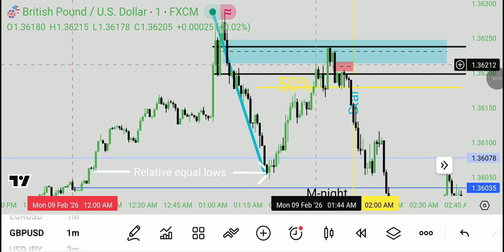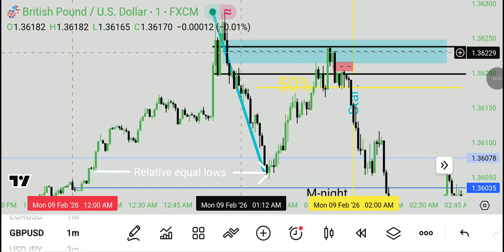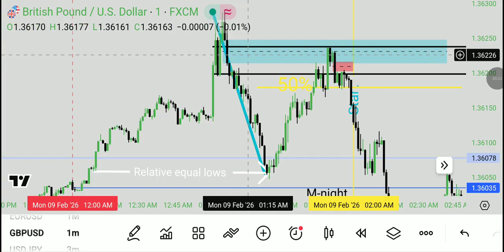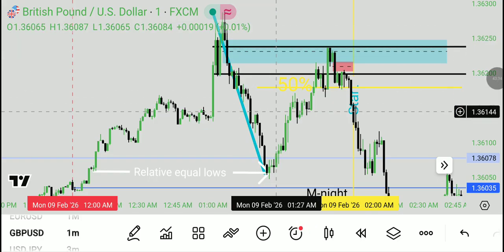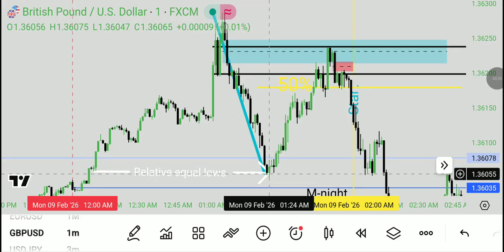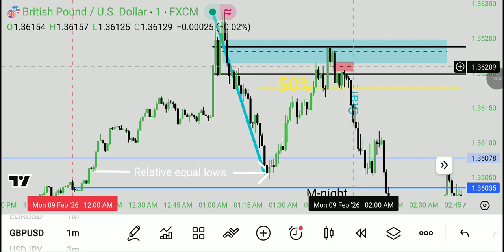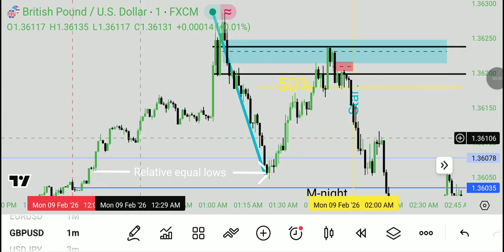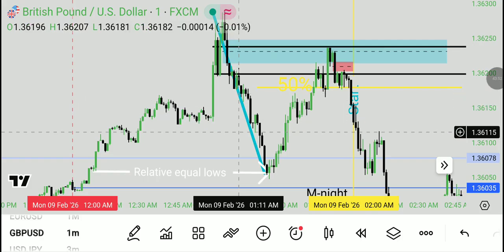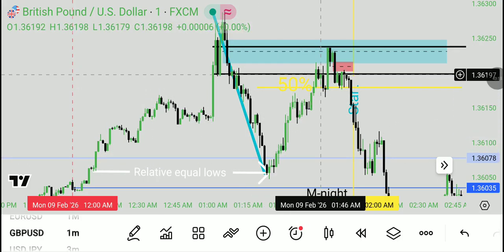They went up to here, 50% of this buy side and sell side that was formed ahead of 2 o'clock a.m. midnight in London session, ahead of opening London session. That was when all this was happening.